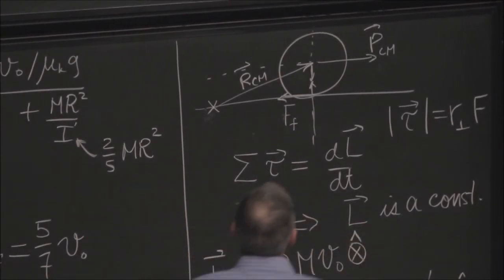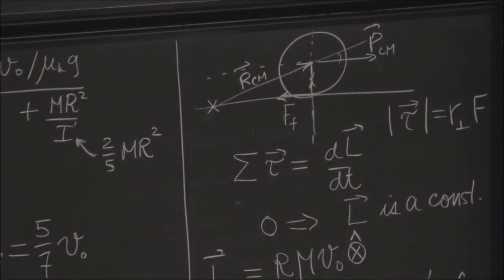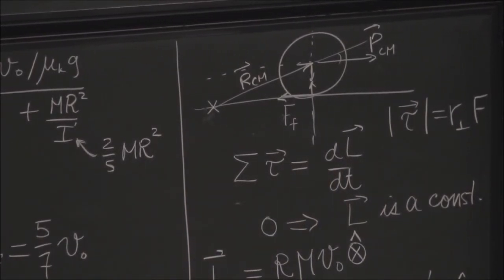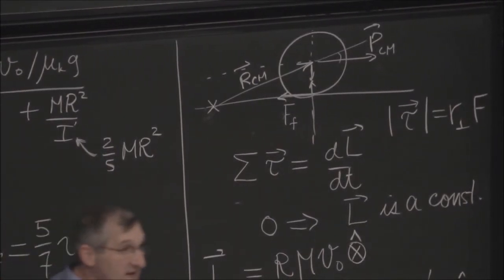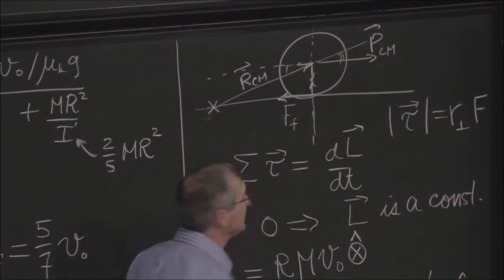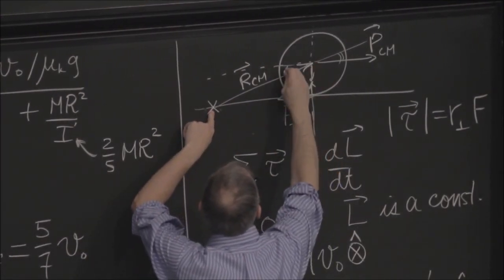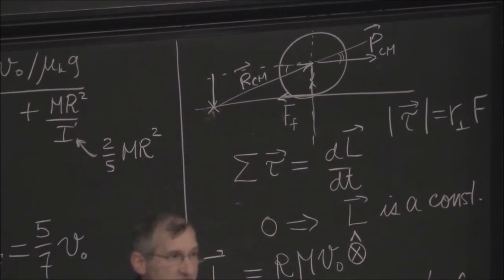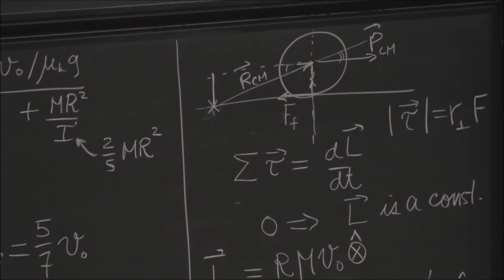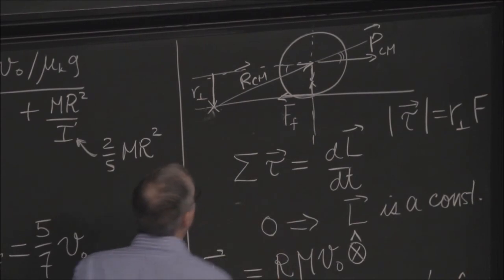So the sine of the angle between them is that angle. And as it moves to the right, that angle is getting smaller and smaller, and the sine is getting smaller and smaller, while r gets bigger, but in fact something stays constant, because that angle is the same as this angle. And so the length r times the sine of that angle is that distance, which I call r perpendicular. So that distance, r perpendicular, is not changing as the ball rolls.